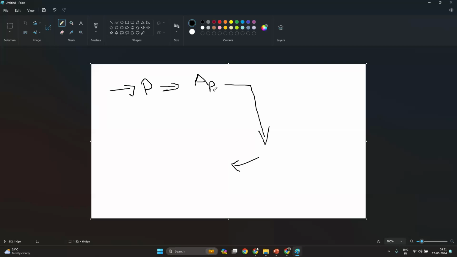All right, so this is the private key, and it is sent over the internet to person B. Now, for B to get this data in clear text, he will need to decrypt this information. So let's say this information, called P, has been encrypted with A's private key. Now, the only way to decrypt it is with A's public key.